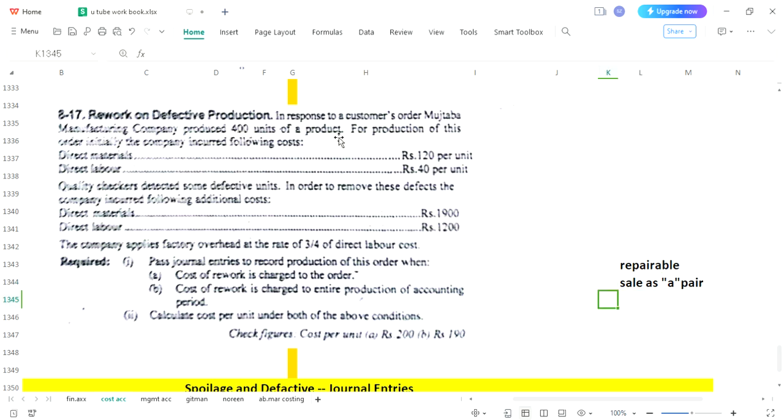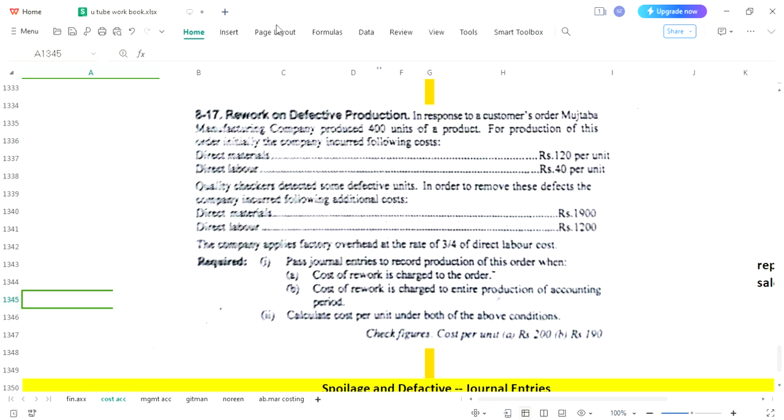As it was earlier decided, defective production is a sort of production where some number of units are damaged, and you put a re-effort or rework upon them by putting material, labor and FOH upon those damaged products. With that rework, you will turn these damaged products back into A pair or A product, and this way you will recover that damage.